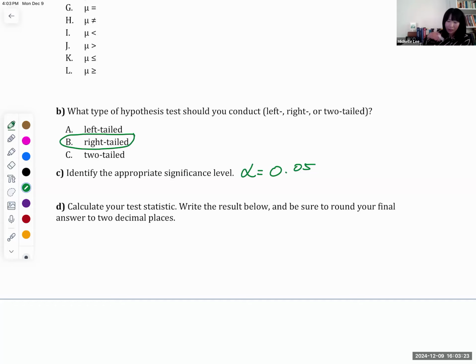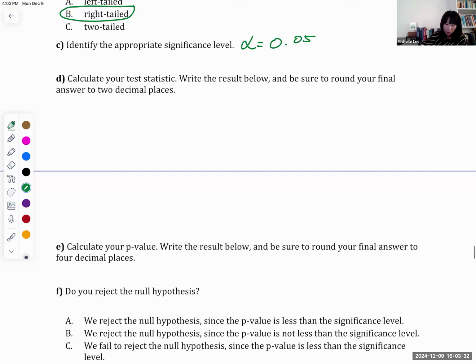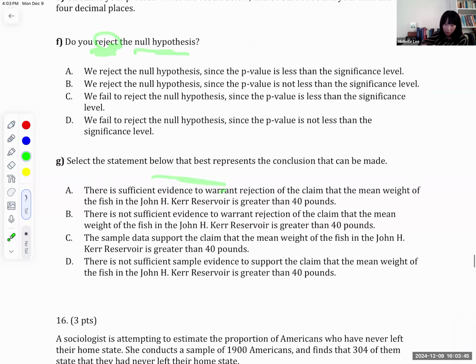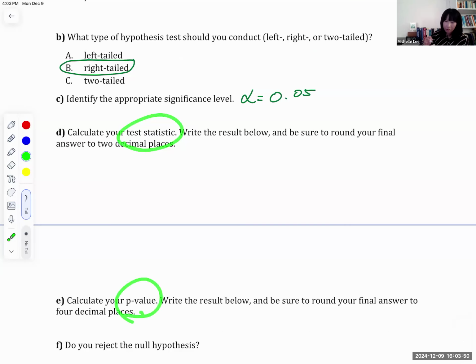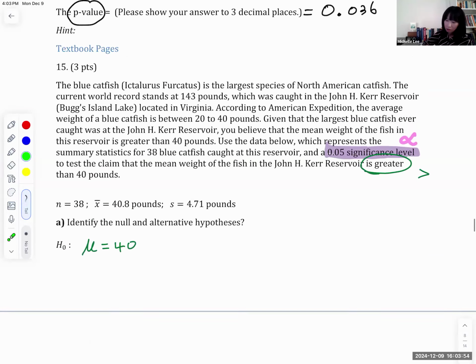Now we need to calculate the test statistic and then the p-value, and then conclude whether to reject the null hypothesis or not, and why. Okay, let's do it. So test statistic, p-value. Let me take a picture.